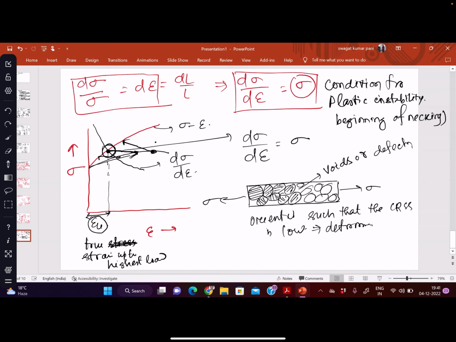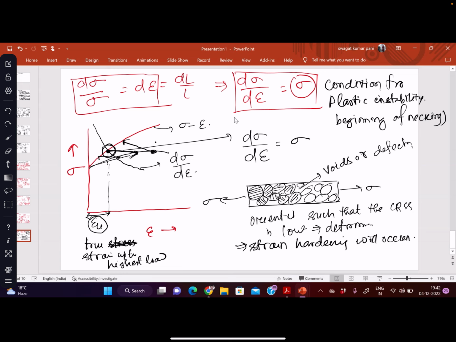Plastic deformation will start at certain locations. After certain deformation, strain hardening will occur at those regions. So first there is some deformation and then strain hardening occurs and that deformation will stop.